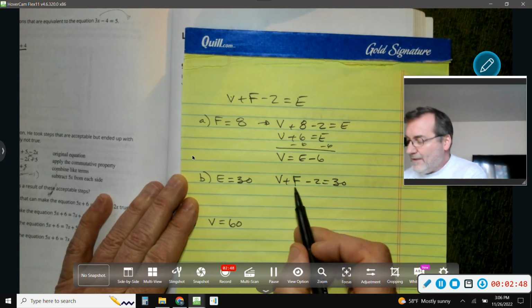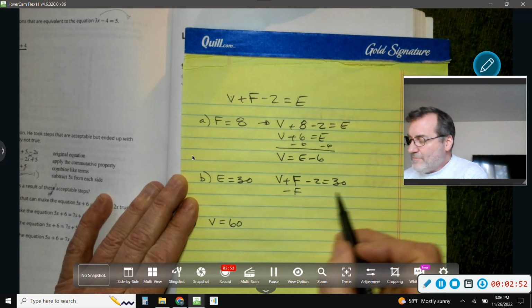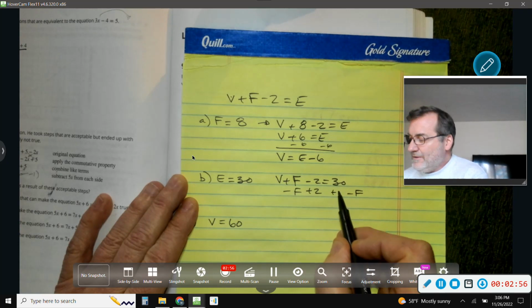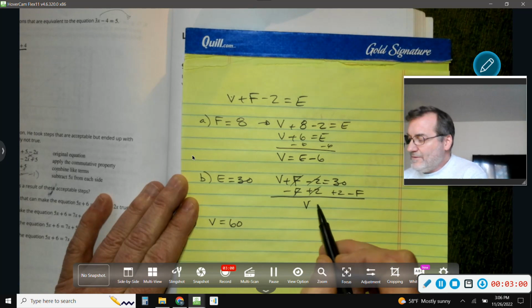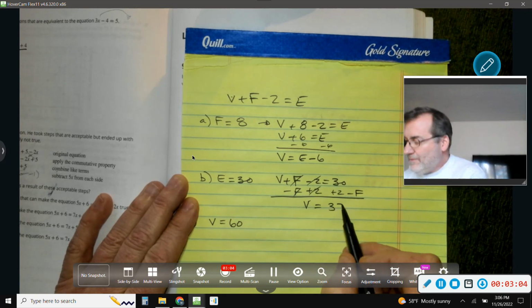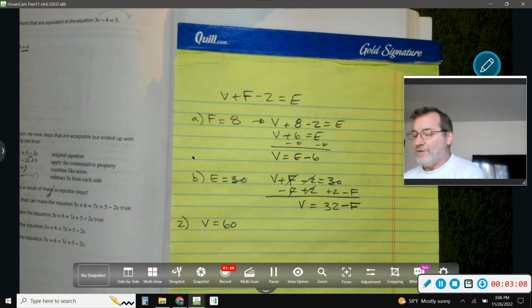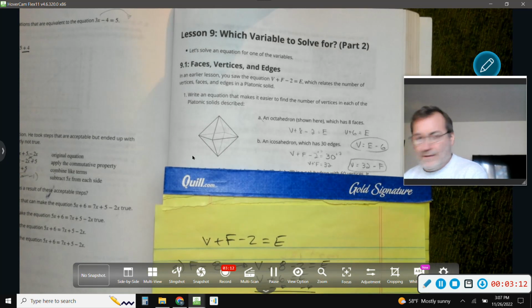So I have to move the F and the 2 over. I'm going to subtract F from each side and add 2 to each side, and they'll disappear on this side. So the vertices equals 30 plus 2, which is 32, minus the F. Now you've solved for the vertices on that one, and that's where we got our answer.